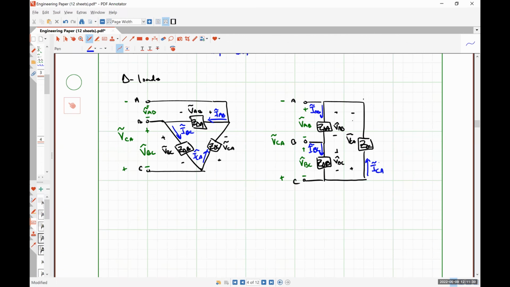The reason for this is we will find that the analysis of a Y-Y system, especially a balanced Y-Y system, is very easy, and the analysis directly of all of the other systems is a pain. So I wanted to show you how to do it in the most quick and efficient way possible. So that's what we've got coming up on Wednesday.